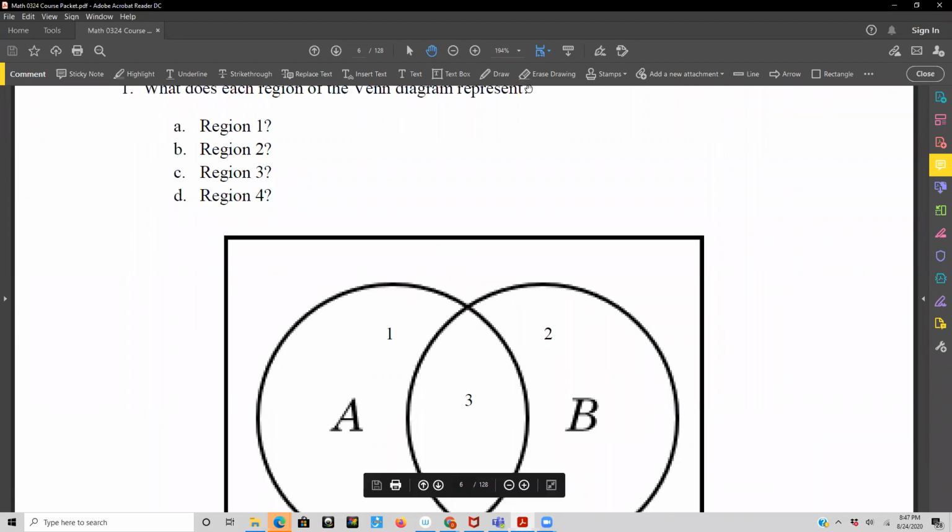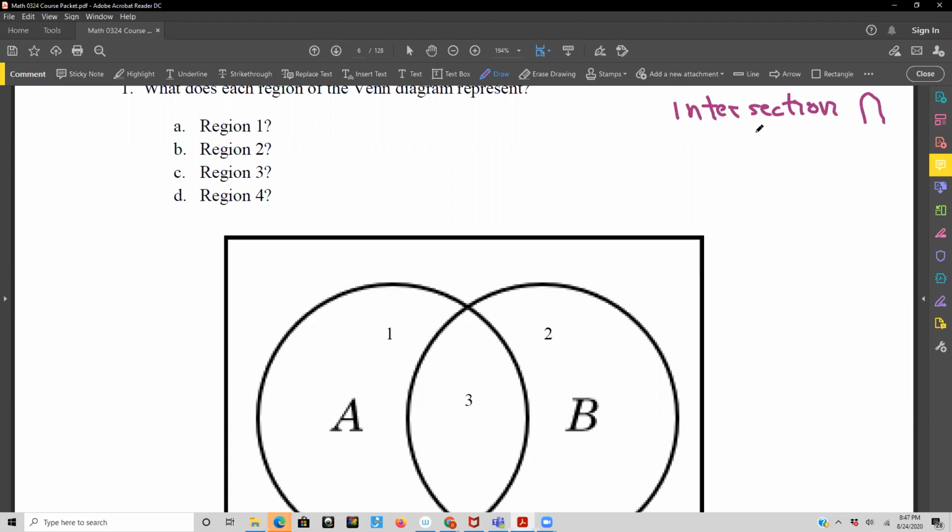An intersection is written like this. Whenever you see an intersection, it's going to be like that.